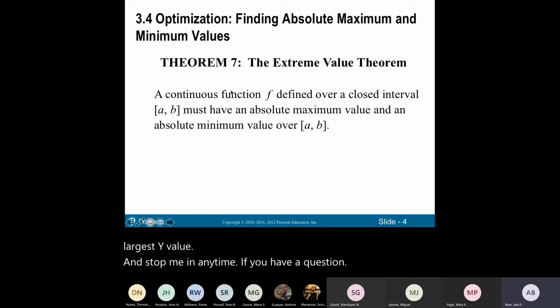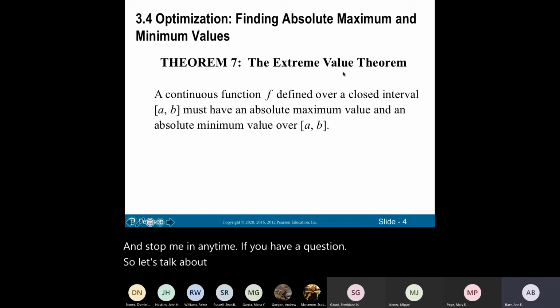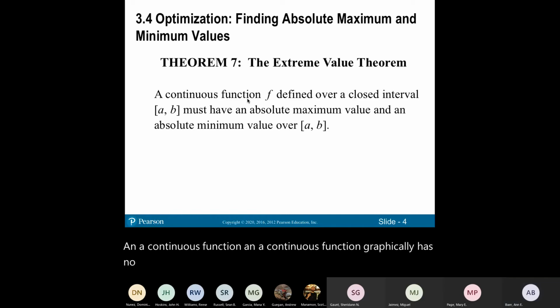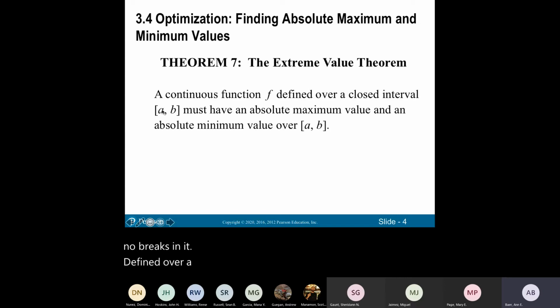So let's talk about the extreme value theorem and a continuous function. A continuous function graphically has no breaks in it. Defined over a closed interval. This bracket here means that the a is included.